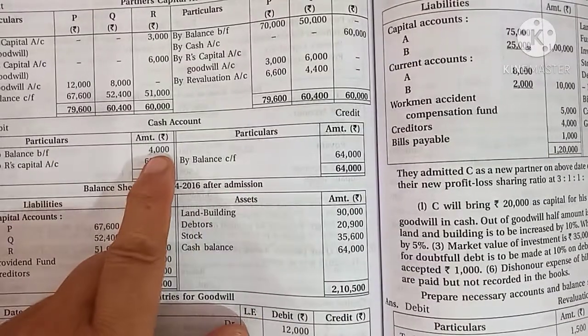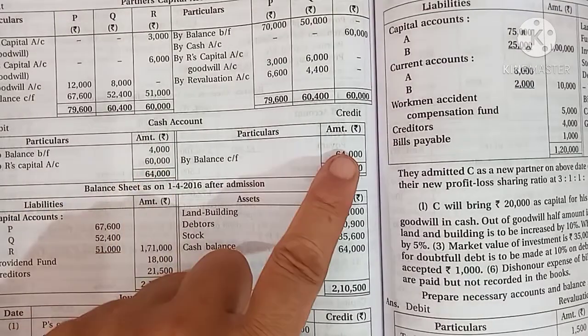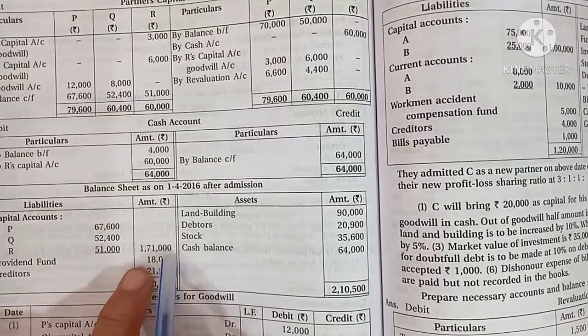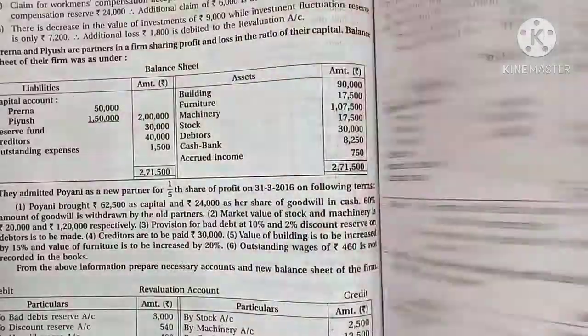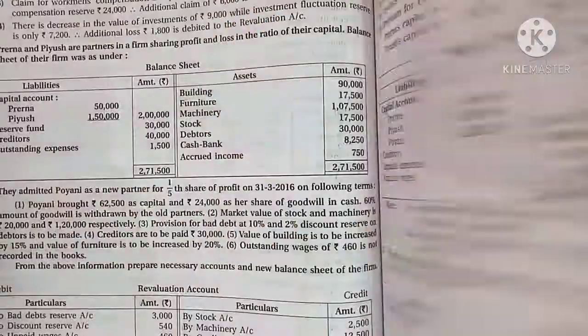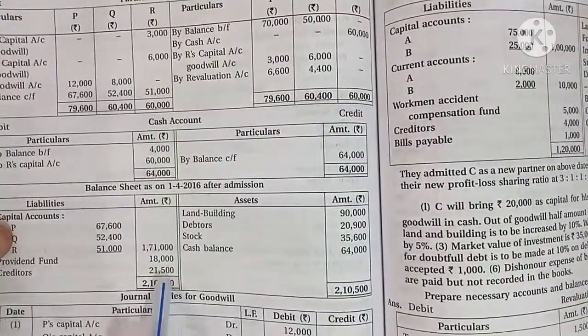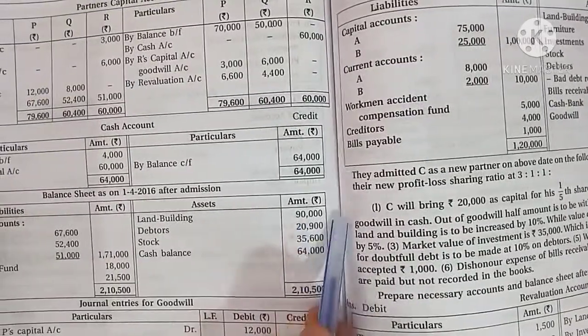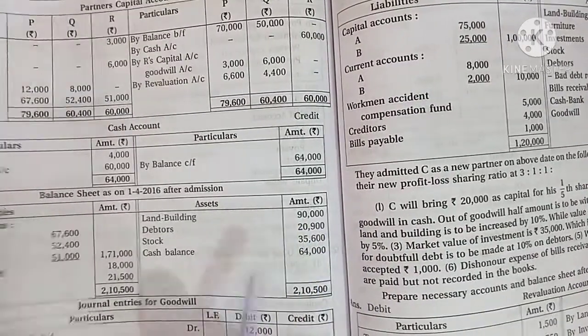Now cash account was 4,000 opening, 60,000 came, so 64,000. Now the balance sheet, these three here 1,71,000. Now see the old balance sheet: provident fund 18, no change. Creditors 22, 500 less, 21,500. Lantern building was 80, now it became 90.